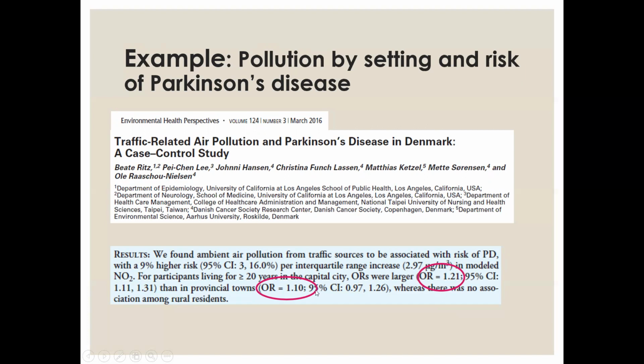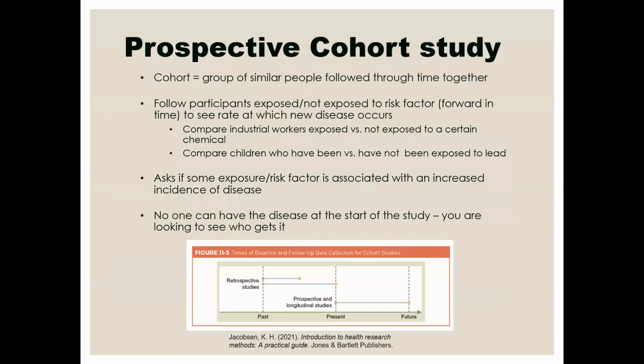So you're finding that when the odds ratio is over 1, it's a higher risk. So for people getting Parkinson's, a risk for them was living in a larger city or living in a non-provincial town. So people who were living in areas that were more metropolitan would have higher risks of Parkinson's disease than those who lived in other settings.